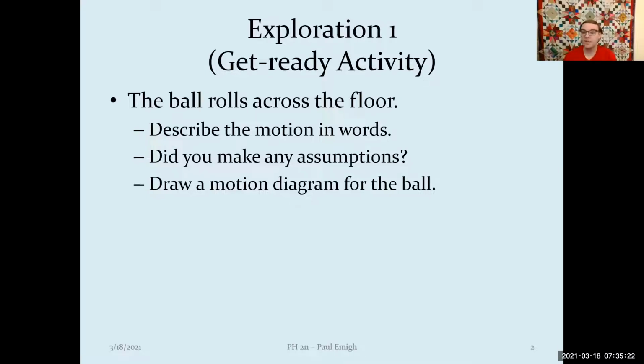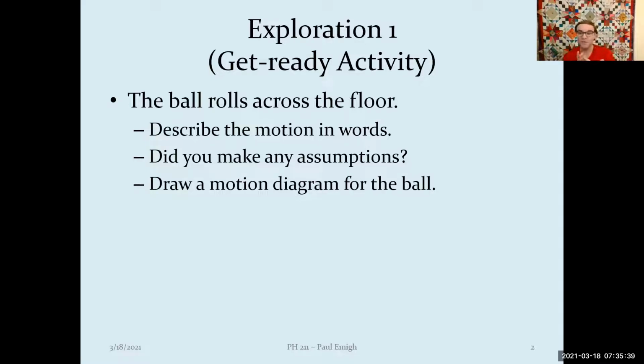A thing that I want to draw particular attention to here is, did we make any assumptions in that description? Or did you make any assumptions when you were thinking about it? I think particular things where you might make an assumption here are, is the ball rolling in a straight line?